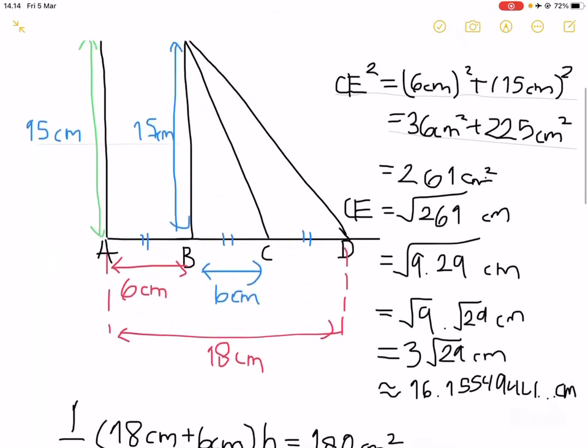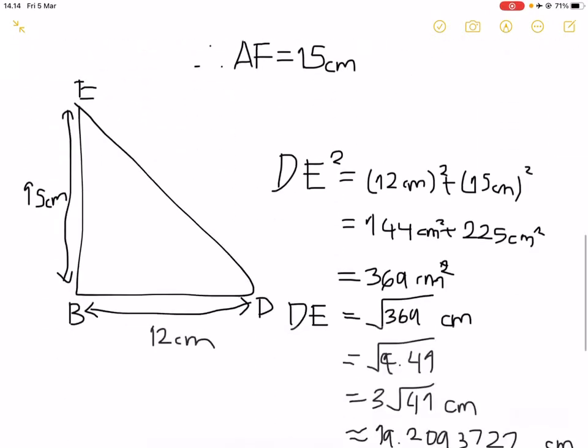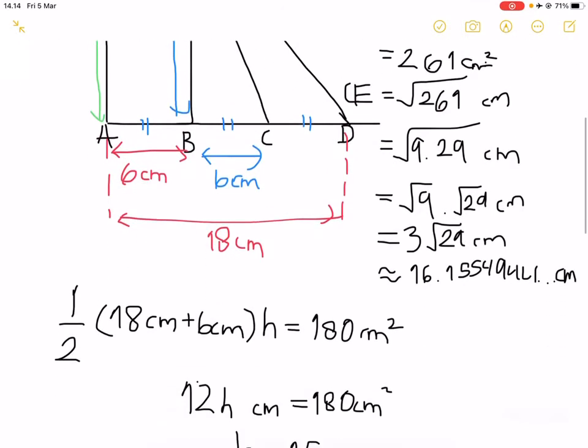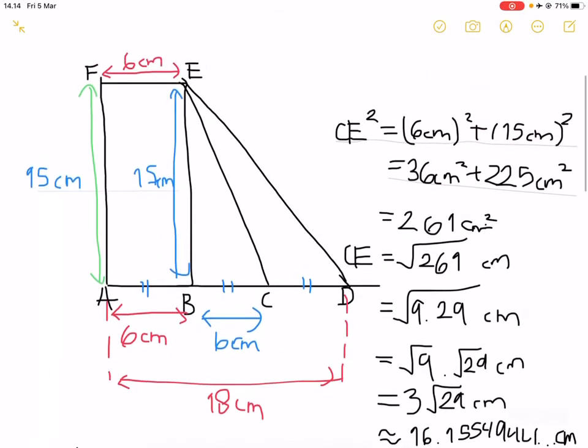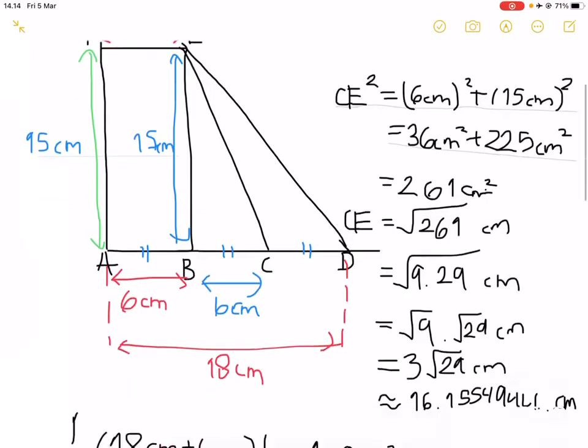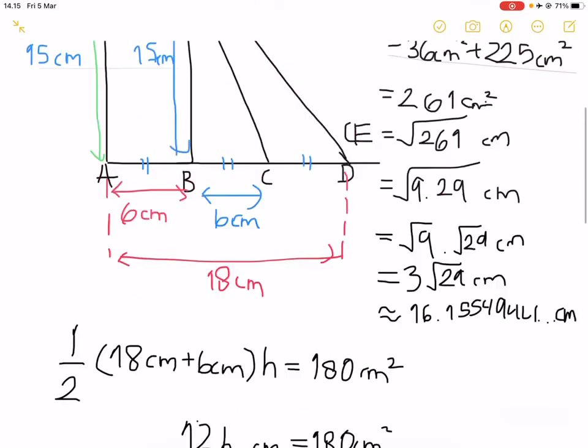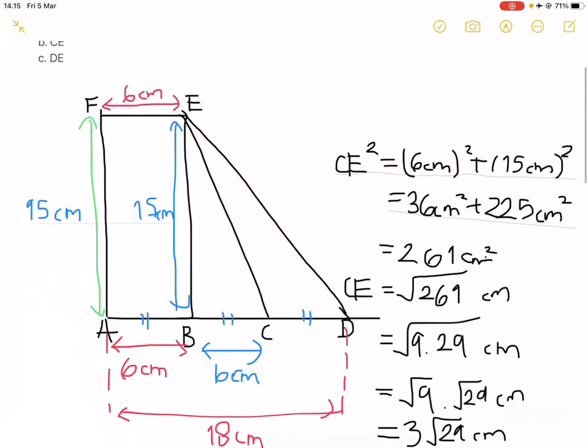Alright, so if you compare which side is longer, it's obviously DE because of our calculations and approximation by using the calculator. However, you can just quickly notice, by just looking at the diagram right here, that the height will be still the same in both triangles.